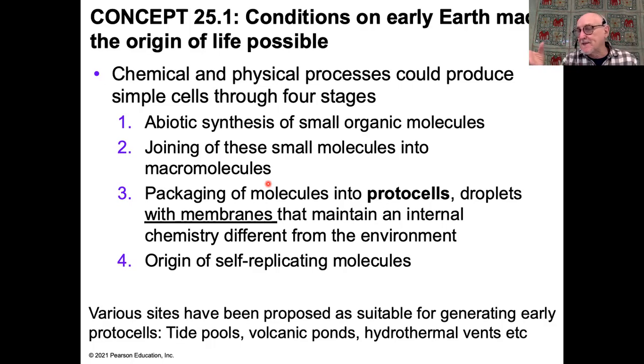Now, the place where these kinds of processes can take place, as I told you, we don't know absolutely clearly. Various places have been proposed. Tide pools, for example, volcanic ponds, like you'd see at Yellowstone or somewhere like that. And a very good candidate are hydrothermal vents.